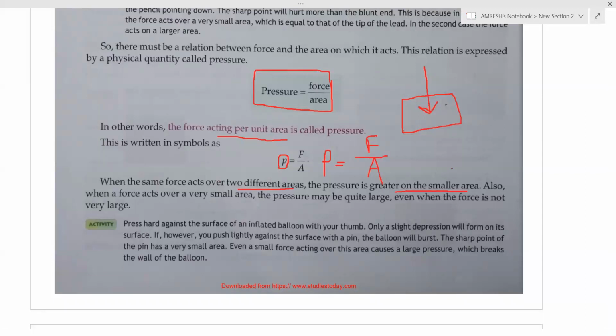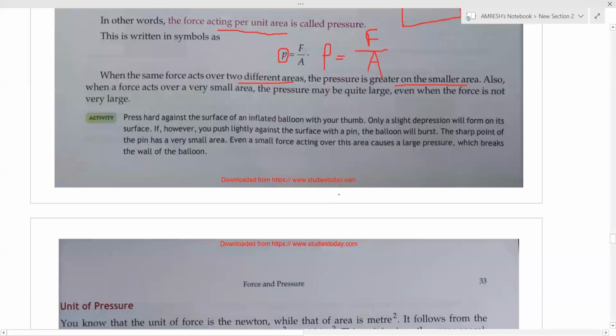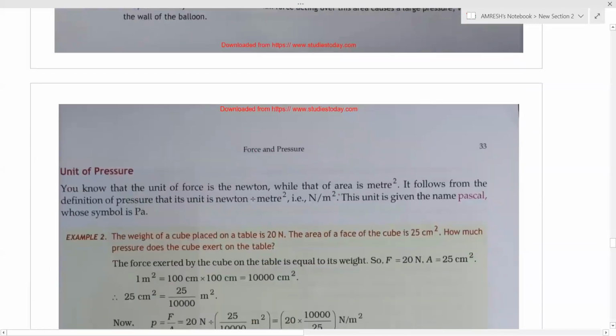Why? Because of more pressure. Smaller area will have more pressure. And if I place the block on your skin, you will have less pressure or less pain or no pain, because the area of the block is quite large compared to the pin. This activity, you try today at your home.